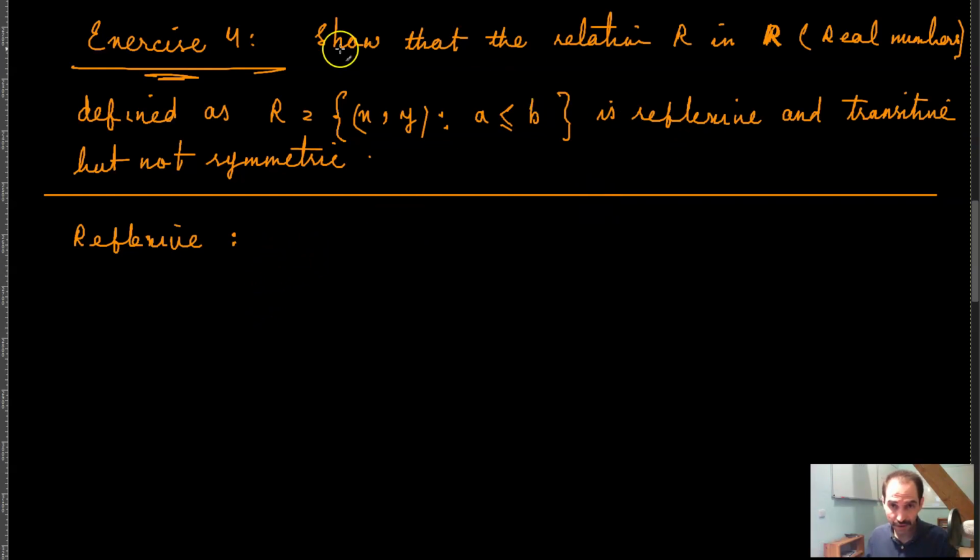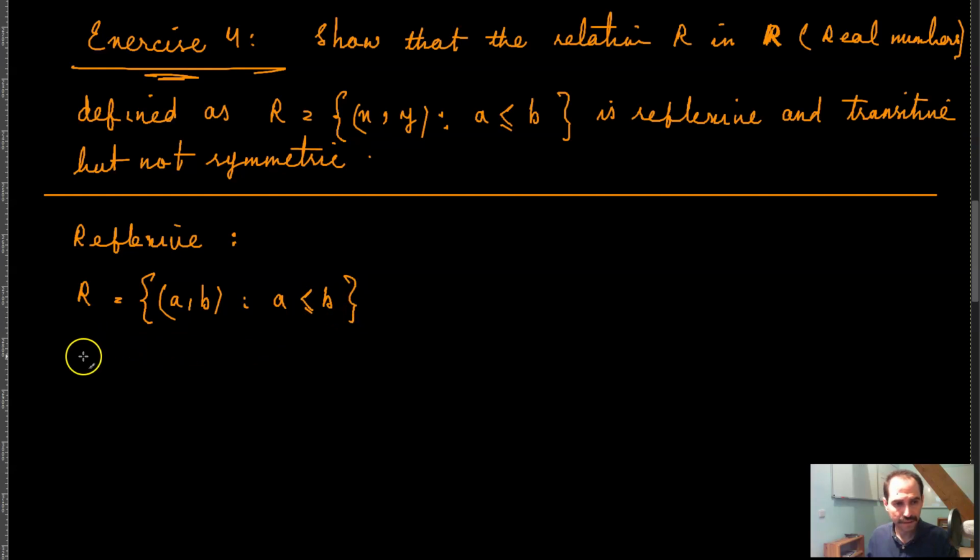By this definition, you can argue that R is equal to all the ordered pairs (a, b) such that a is less than or equal to b.